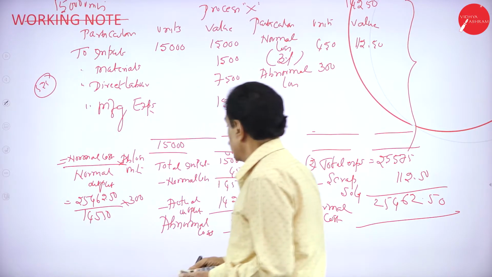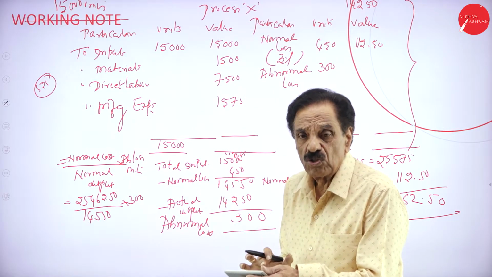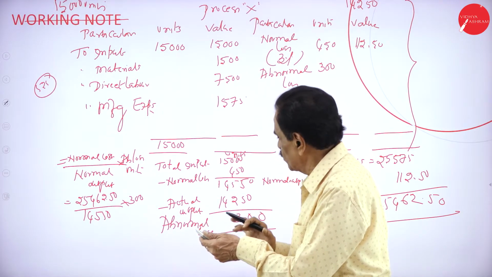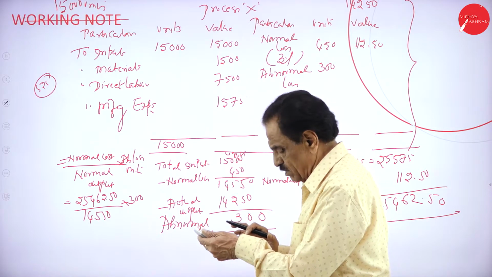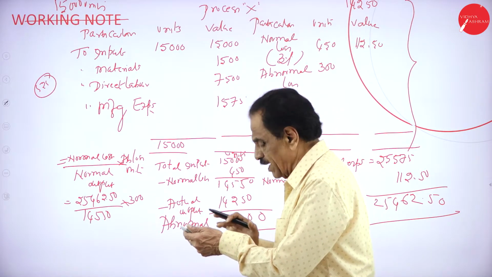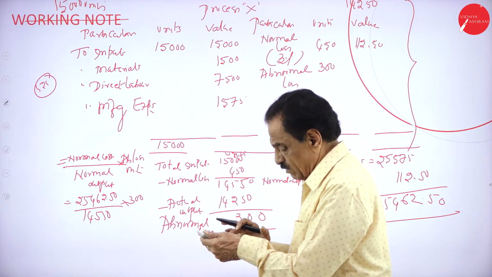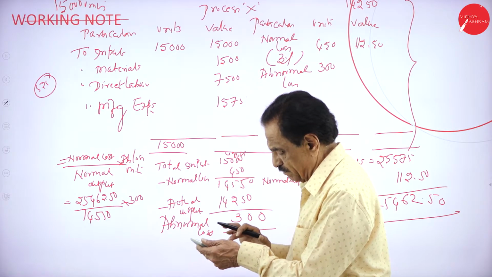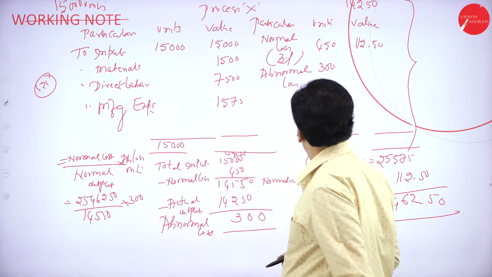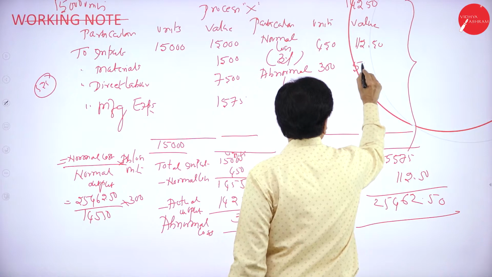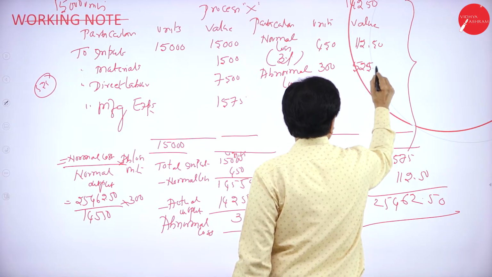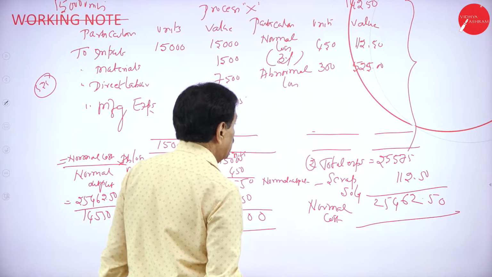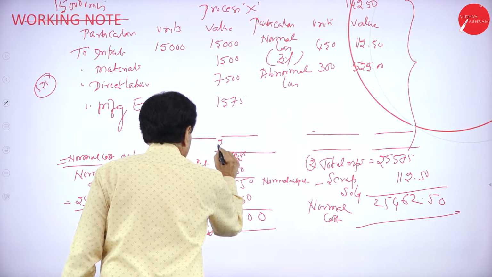Shall we check this? 525 will come. We'll check this: 25,462.50 divided by 14,550 into 300 is 525. Add the figure. If you add this, it is 25,575.